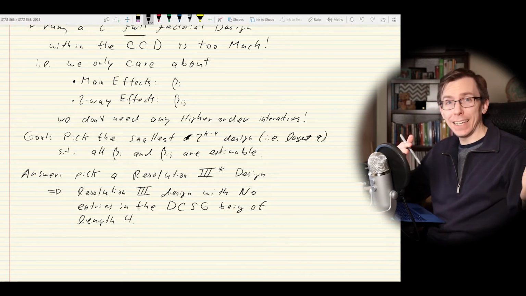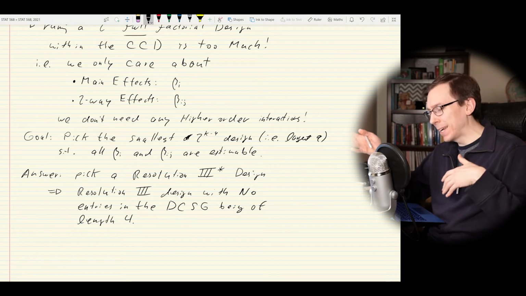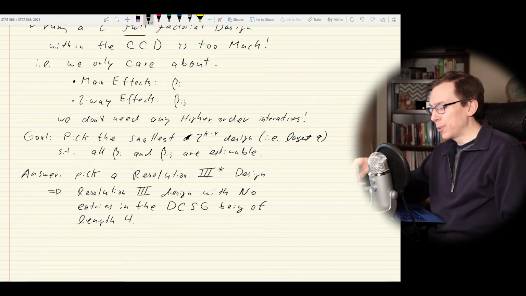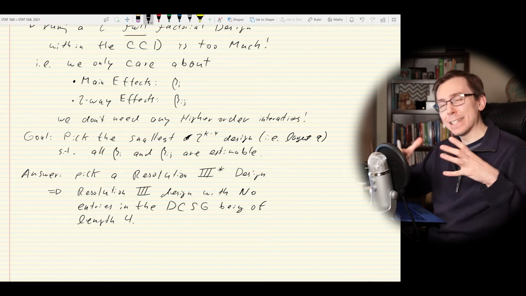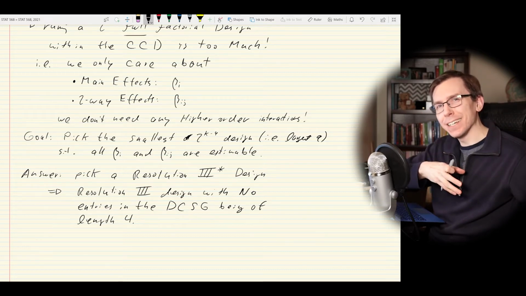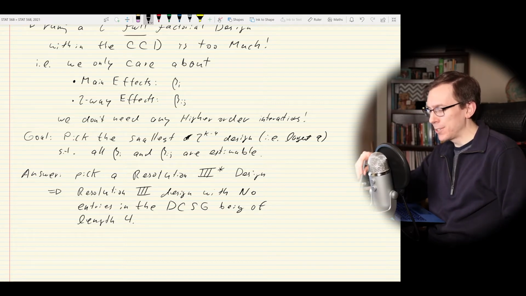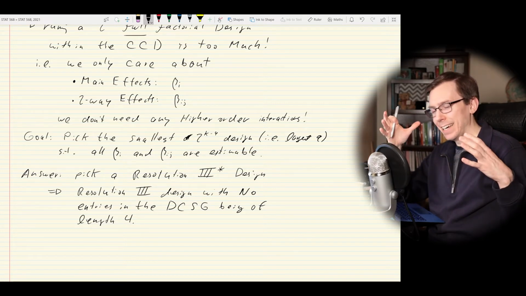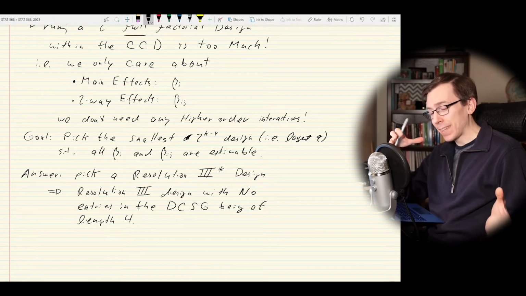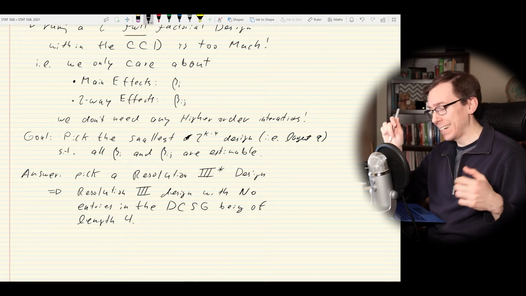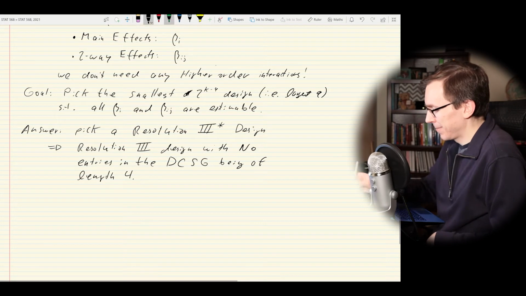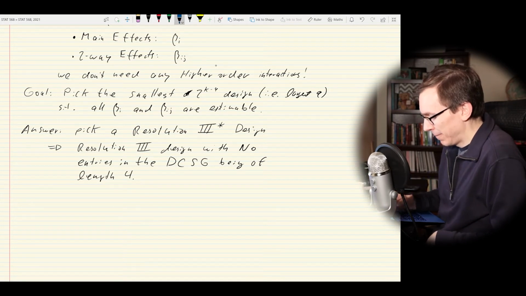I don't want them aliased with any other two-way, because if one of these is aliased with another, then I can't estimate the betas separately. So I need to make sure I can estimate all of the betas separately, which means I don't want any aliasing of that type. If I have a resolution 5 design, why don't we just put that in here?